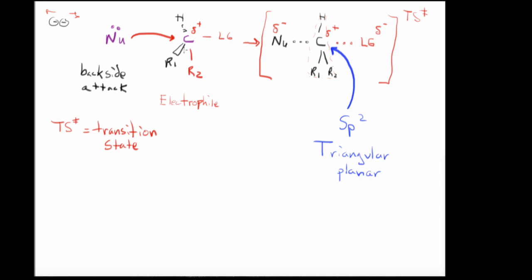So what's happening is we're seeing this inversion of configuration. So if this thing started out, let's say, as an R, it's going to end up as an S. All right. And so when we finish the reaction, the stereochemistry will have been inverted. So the H is going to be here like that. R2 is going to be like this, and our R1 will be like this. So we've had a complete inversion of stereochemistry.